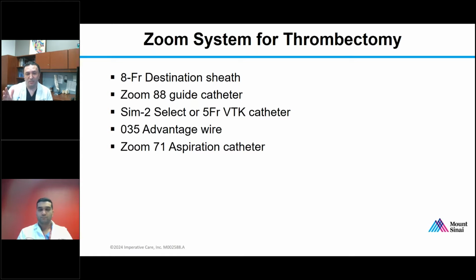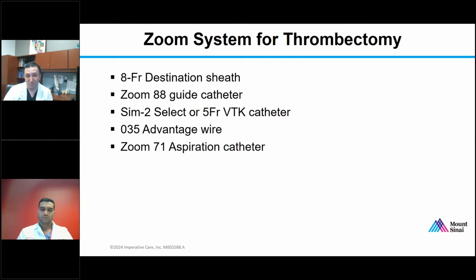For me, for large vessel occlusion stroke, the system includes the 8 French, 45 centimeter Destination sheath, the Zoom 88 guide catheter with a selection catheter of either Simmons 2 or BTK, over a .035 Advantage wire, and the Zoom 71 aspiration catheter. In most cases, as I will show you in the following slides, we probably don't need a microcatheter and microwire to achieve a successful thrombectomy.